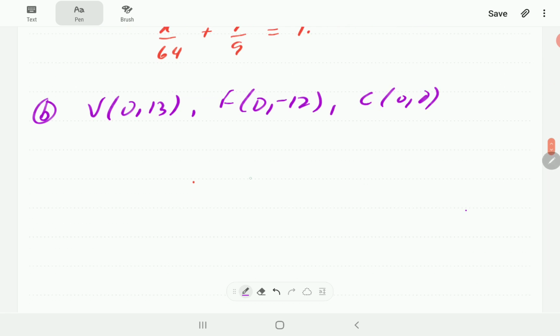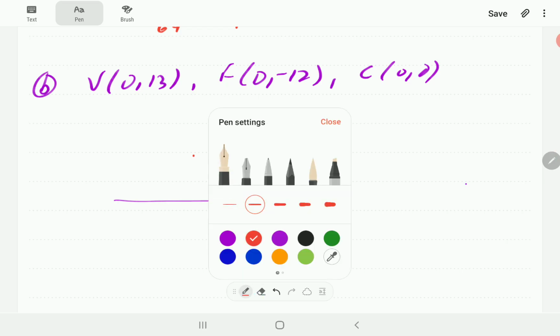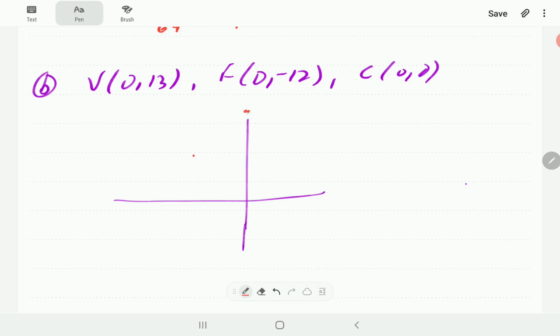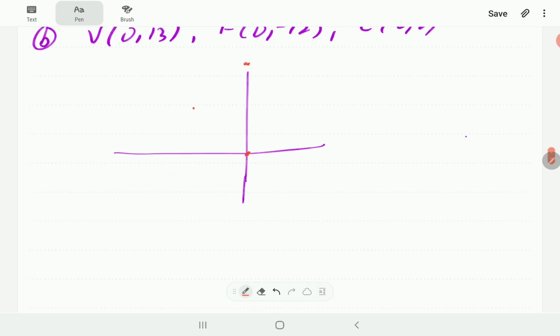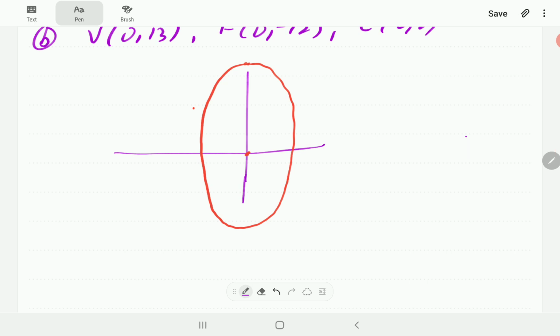Okay, so just do a rough sketch. At 0, 13, we have a vertex, so there's going to be a vertex somewhere there. The center is here, which means the other vertex is at 0, minus 13. So this ellipse is going to look something like that.